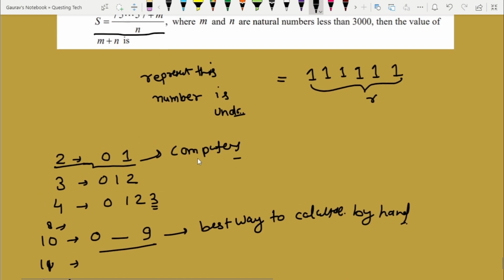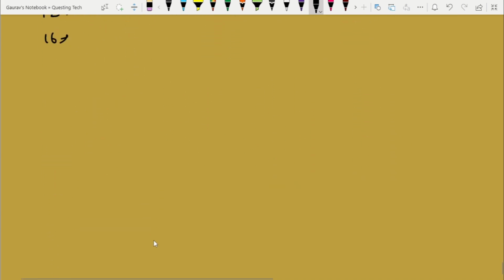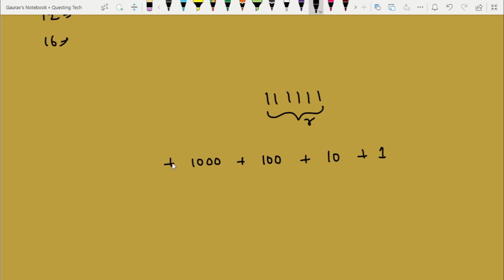Coming to this number, I am writing it down, it has r digits. So can I write this number like this: 1 plus 10 plus 100 plus 1000 plus 10,000.